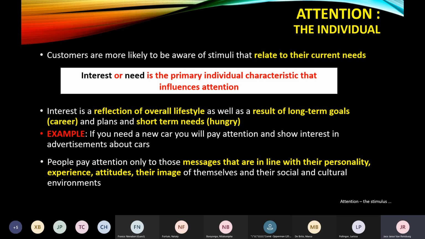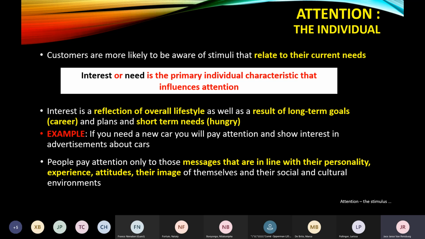If, however, you are still looking for a new car and you want to buy one, you will pay a lot more attention to ads and commercials about cars that are available. So the attention that you as an individual pay is very much determined by your current circumstances and need. Your interest or your need is the primary individual characteristic that influences attention.